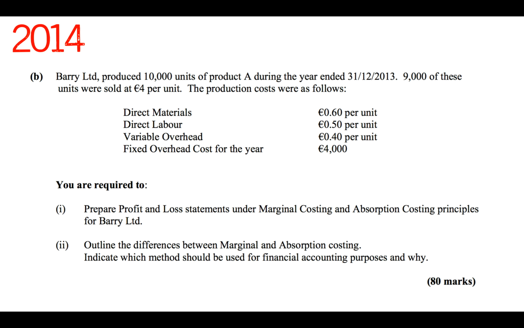You are required to, part 1, prepare profit and loss statements under marginal costing and absorption costing principles for Barry Limited. Part 2, outline the differences between marginal and absorption costing and indicate which methods should be used for financial accounting purposes and why.